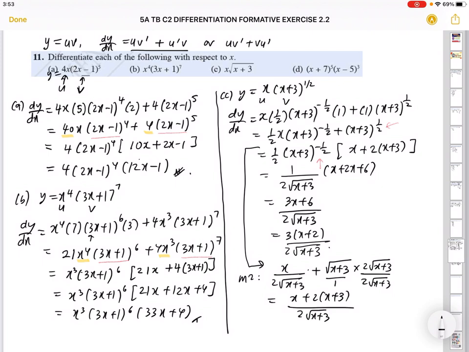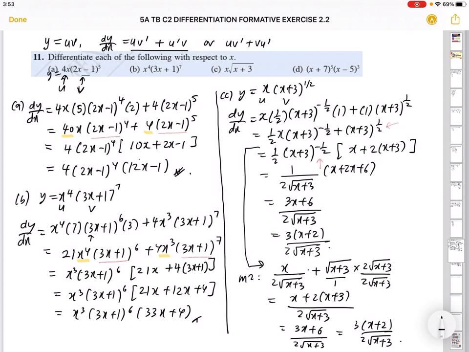This is 3x plus 6 over 2 root x plus 3, and it's just the same as 3 times x plus 2 over 2 root x plus 3. It's not that you always have to factorize using the first method. You can even use the second one. If you think the second method is easier, by all means, go ahead.